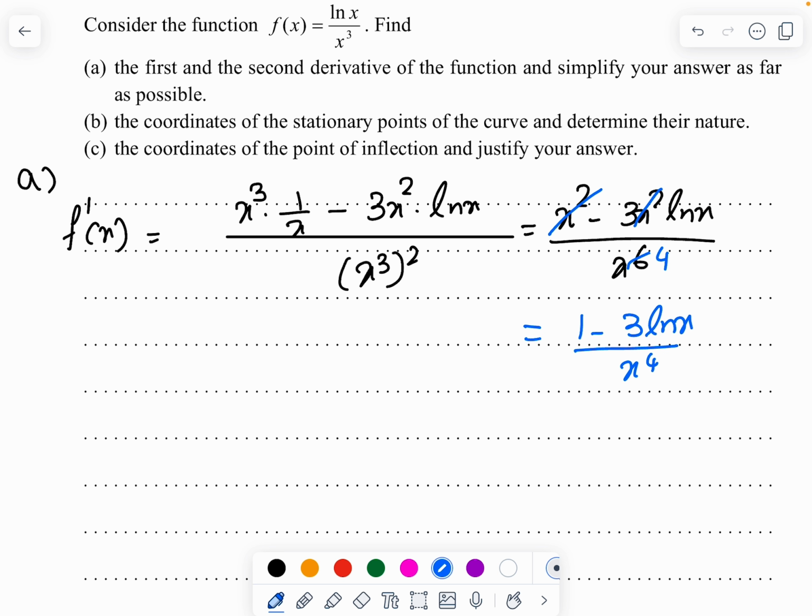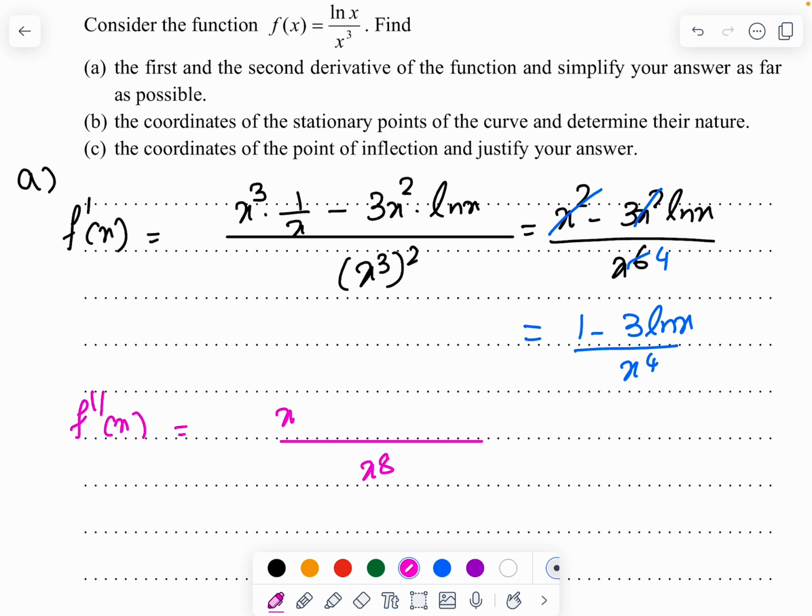Then the second derivative also has to be found, f double prime of x. So what am I going to do? Again quotient rule: x power 4 whole squared will become x power 8.